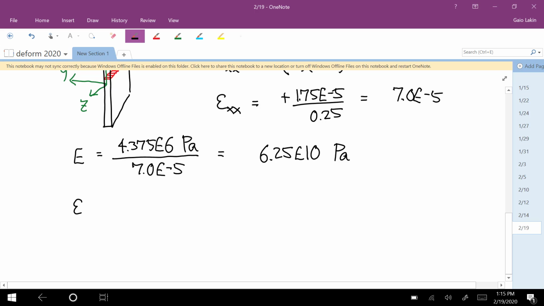So I'll write this as epsilon ZZ is equal to, it decreases, so negative 1.50 times 10 to the minus 6 divided by 0.1. These are both units of meters. And what's the value for that? Anybody? Oh, I can do that. I'm not stupid. Negative 1.50 times 10 to the minus fifth.